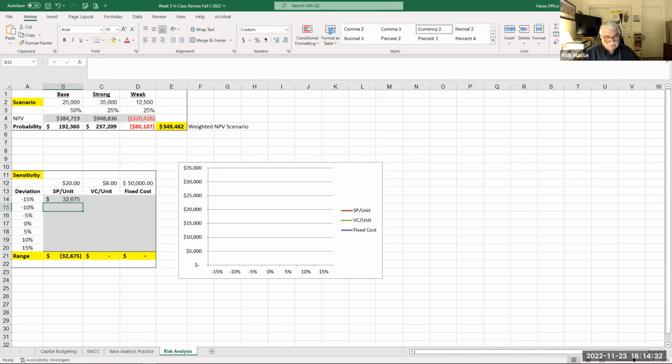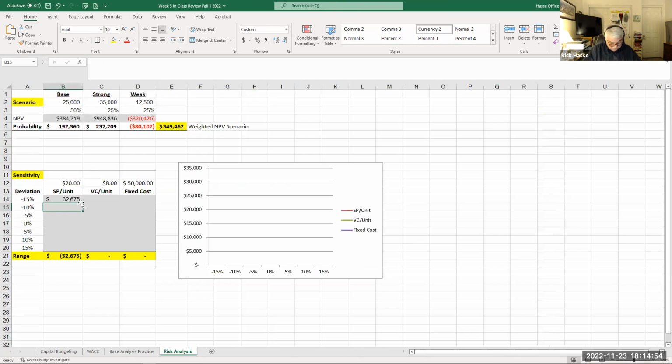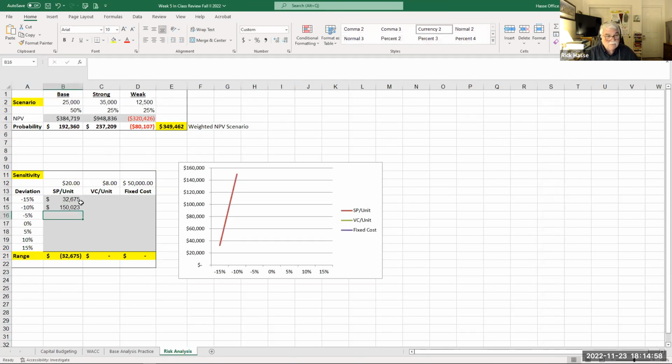Now let's do it for a 10% reduction in selling price. So now I go back to that cell and I say $20 times 0.9. That's a 10% reduction in selling price. I come up with 18 bucks and now I start making a little bit more money, $150,023. So I put that here. And notice some strange things start happening over here.